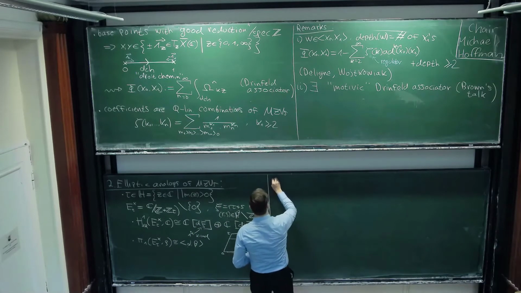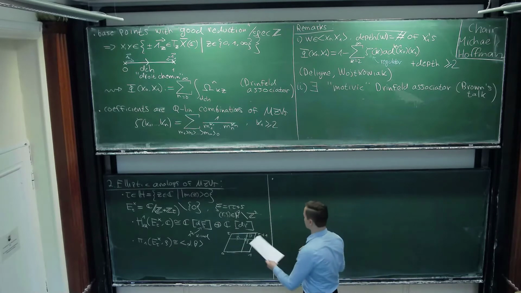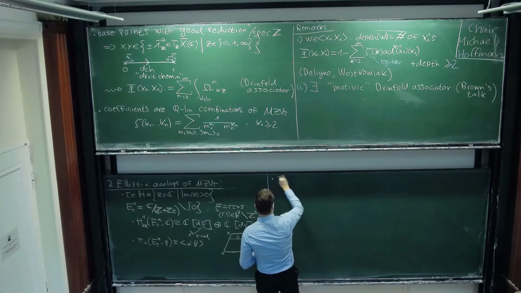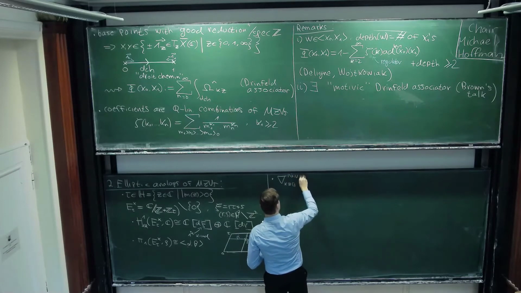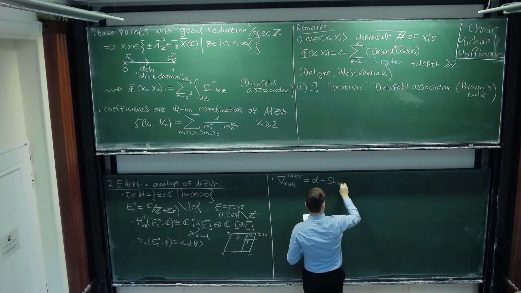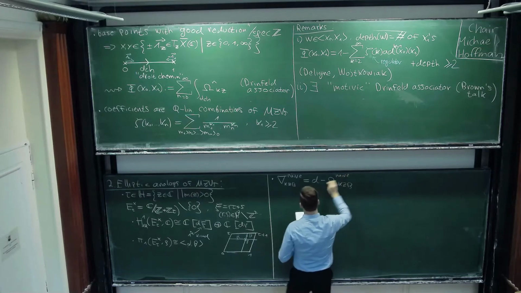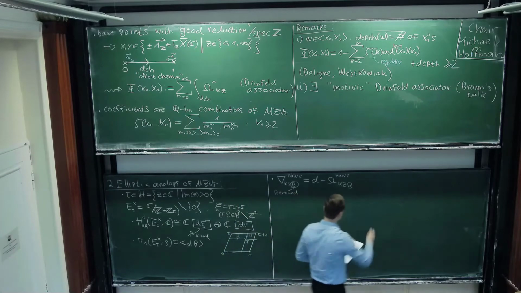We want to have an analog of the Knizhnik-Zamolodchikov connection on the once-punctured elliptic curve. And we're going to do a thing first that is not going to work. We call this nabla KZB naive. KZB stands for Knizhnik, Zamolodchikov and Bernard.